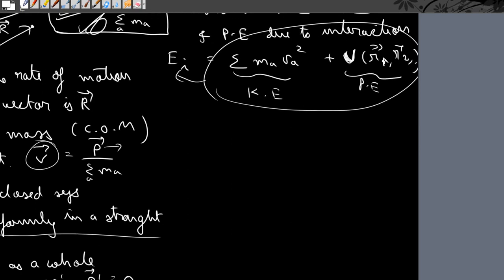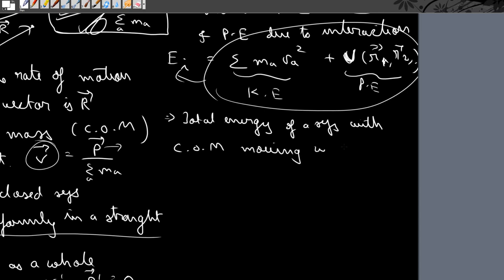Then what is going to be the total energy of the system when the center of mass is moving with velocity v? This will simply be E equal to half mu v squared plus E internal, where this mu is summation over a of m_a.